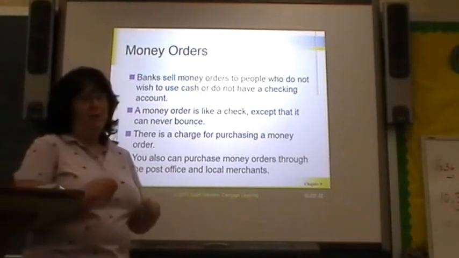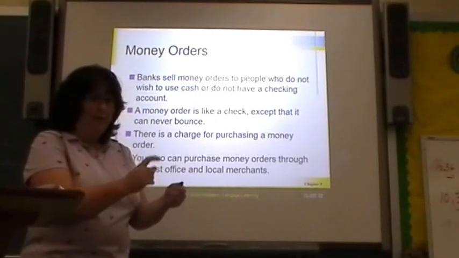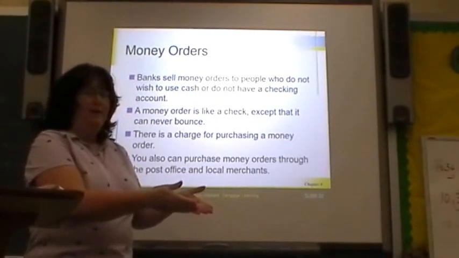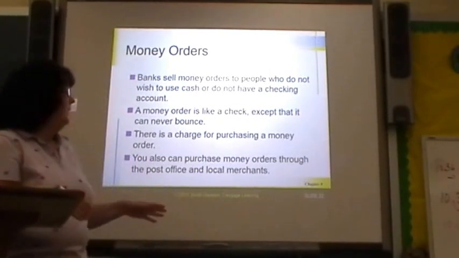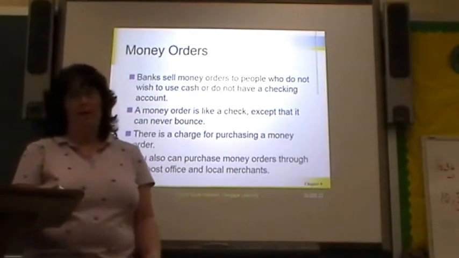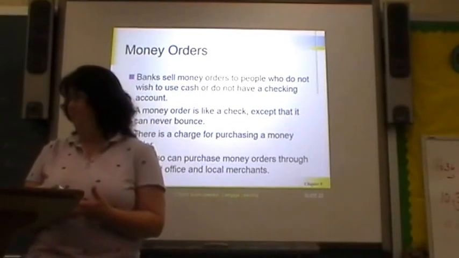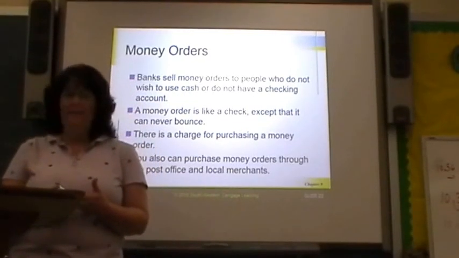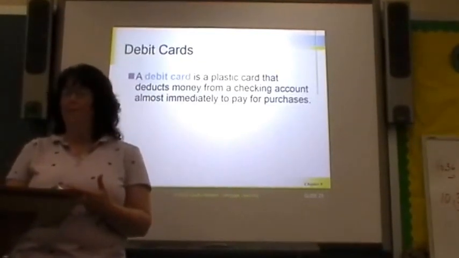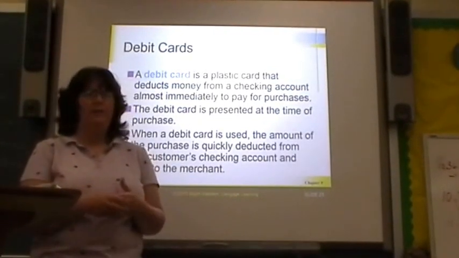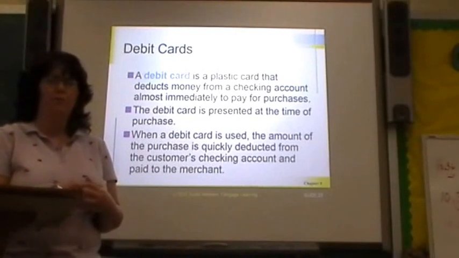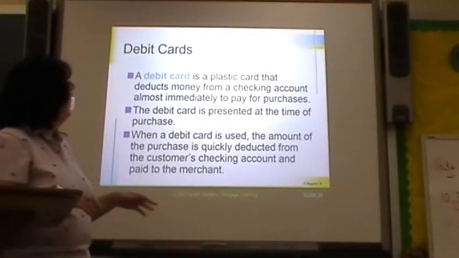So you actually hand somebody the cash plus a fee, okay, and then they will give you back the money order, and the payee again can trust, full faith and credit, that they're going to receive their funds. Can't send cash through the mail, so if it's somebody in your family in another town that you need to send money to, you could get a money order really quickly and send it over.